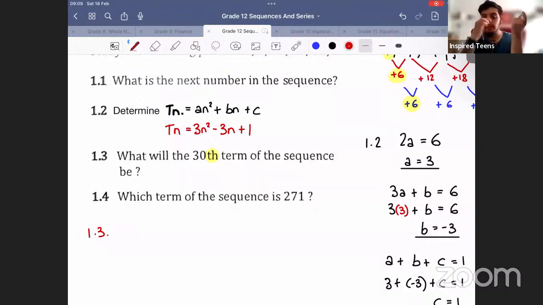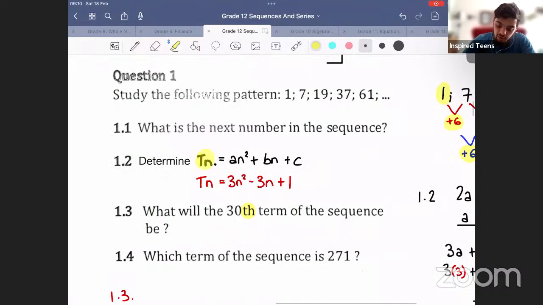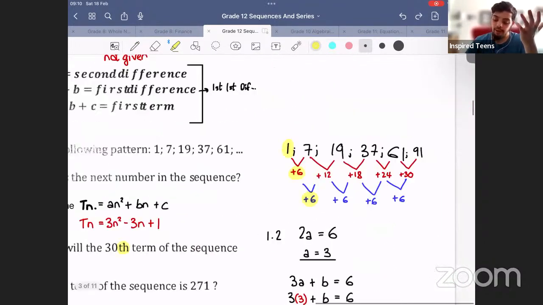So which term are we dealing with in the sequence? Are we dealing with the 5th, the 6th, the 27th, whichever one? And then the value of the term, for example, the 27th term in a certain pattern could be 562. In that case, Tn is actually the value of the term. What is that term equal to? What is the actual pattern value?